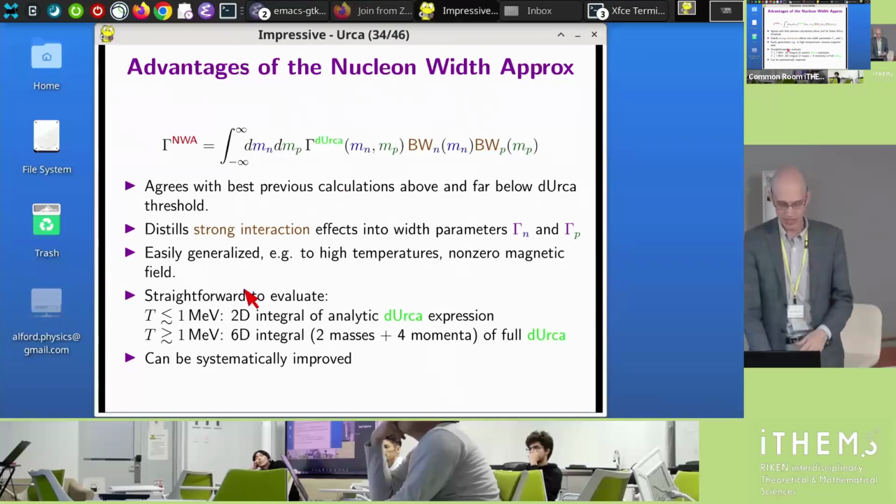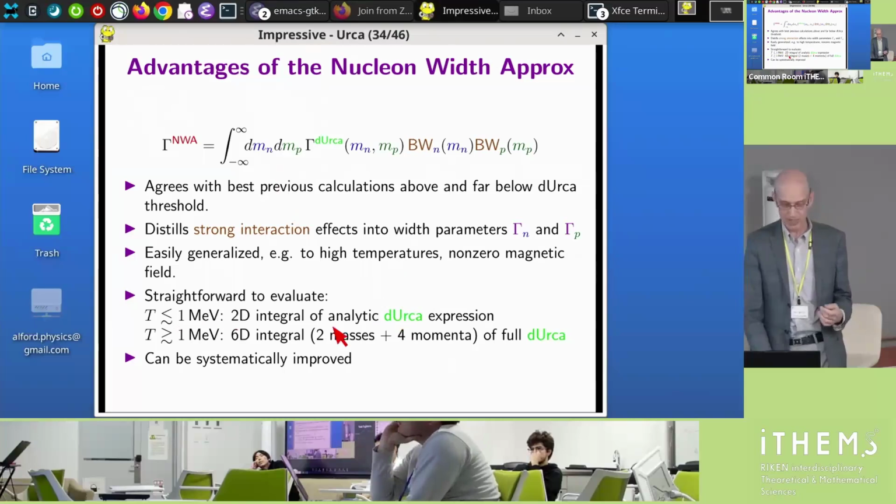It's not that bad to evaluate. We've added two integrals. So at low temperatures, where you can reduce the direct Urca using the Fermi surface approximation to an analytic expression, it just becomes a 2D integral, these two mass integrals of that analytic expression.